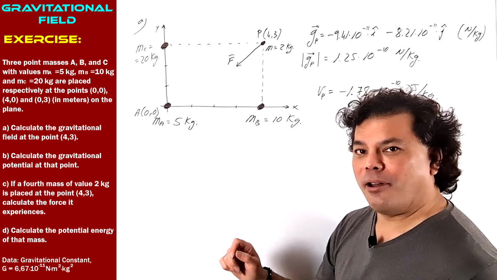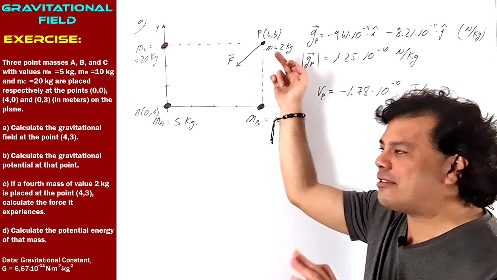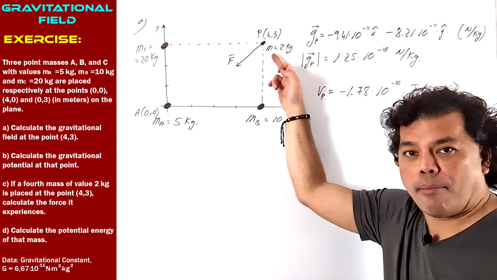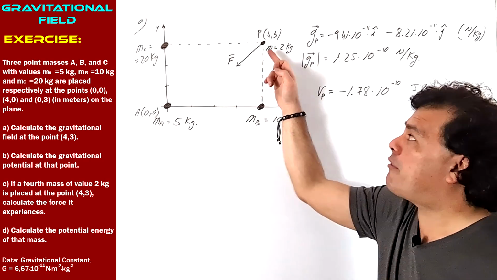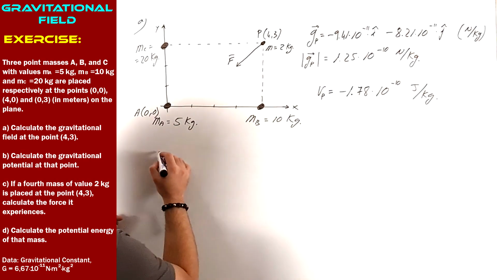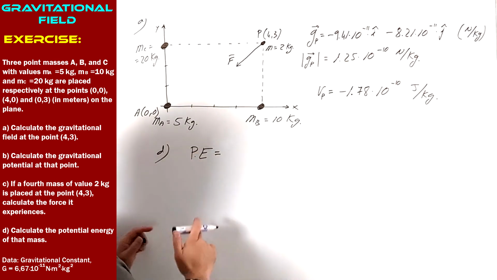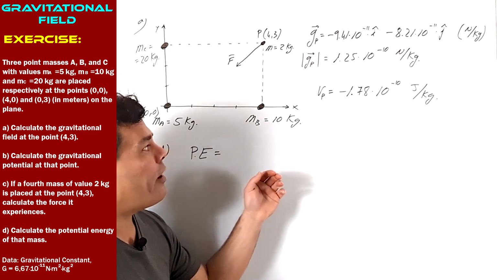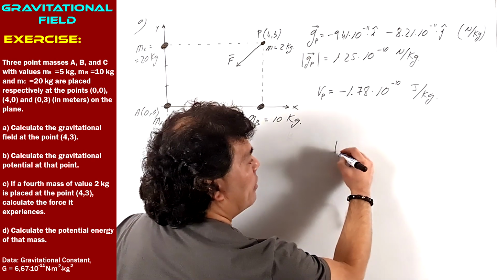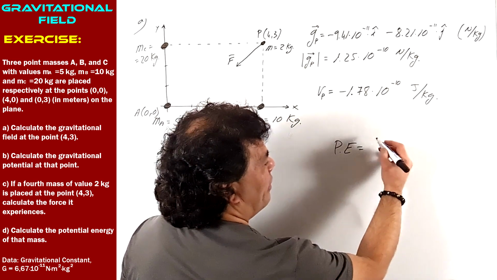And now it's time to finish our problem by calculating the gravitational potential energy. Please don't confuse it with gravitational potential. Now that a mass appears here, we will calculate the gravitational potential energy that it has, okay? The gravitational potential energy, that we can represent as potential energy, we can calculate the same way as we did for this one, using this formula that you can access at the link that I leave you in the comments box.